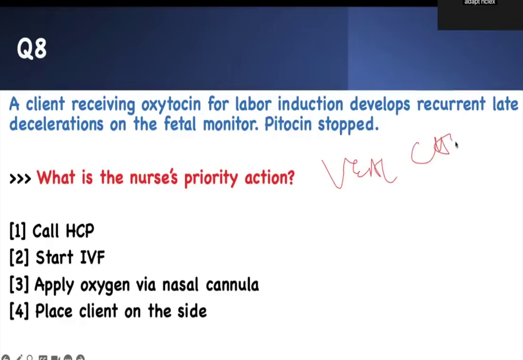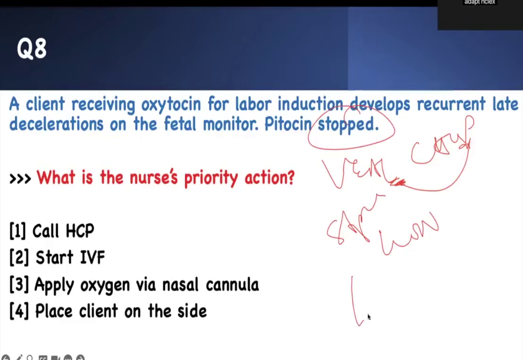Then you remember recurrent late deceleration is consistent with placental insufficiency. That means something is wrong. There's no blood flow from the placenta. And therefore, what we do is LION after we stop the Pitocin. We have stopped the Pitocin. The first thing you do is your LION. That's what the question is saying.